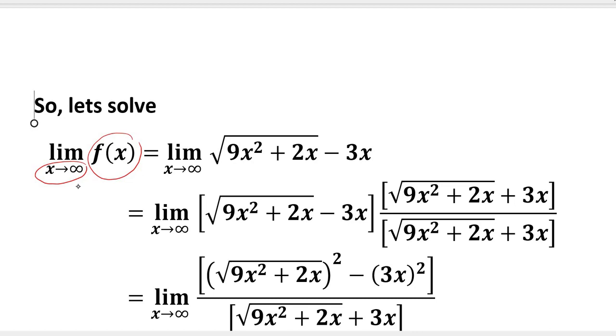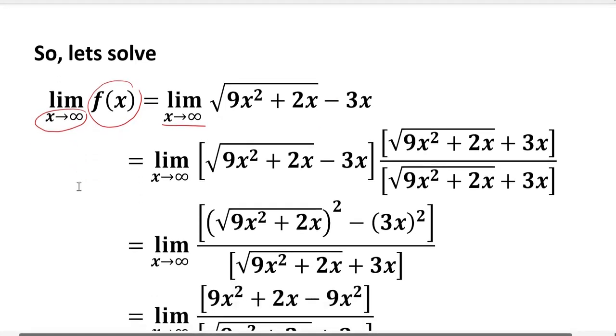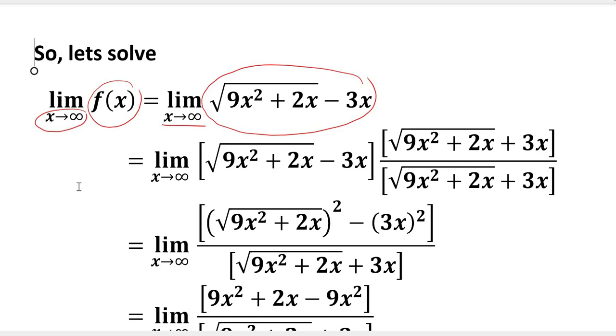So let's solve this one. One more thing we should know is that when x approaches either positive or negative infinity and you have a square root inside the function, we need to do the rationalization. So you need to multiply and divide by the additive inverse of this expression.